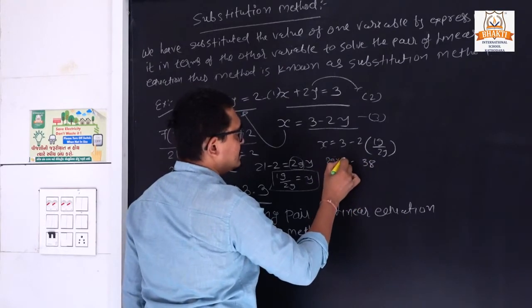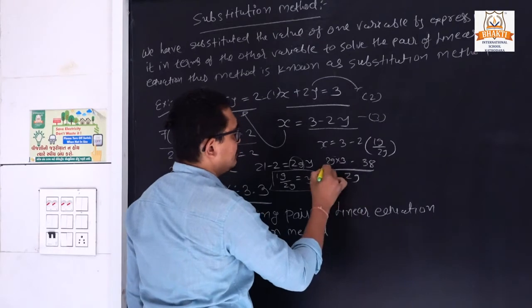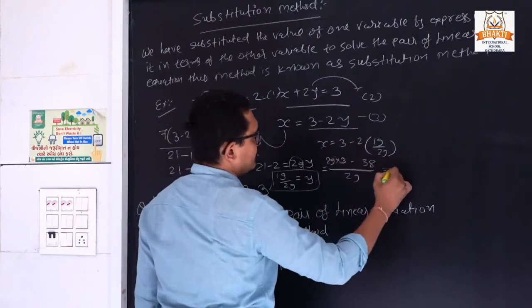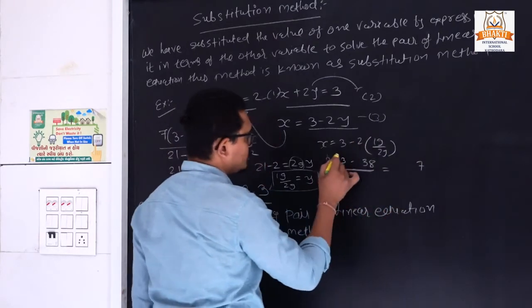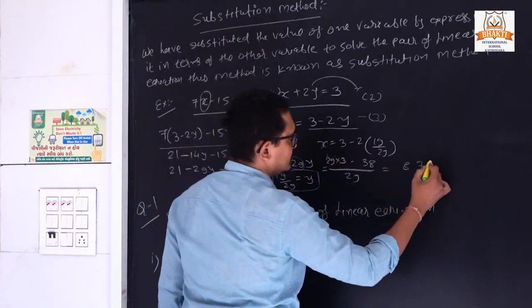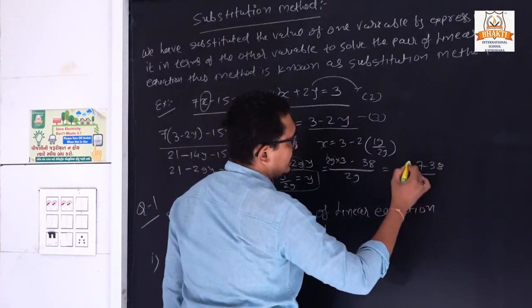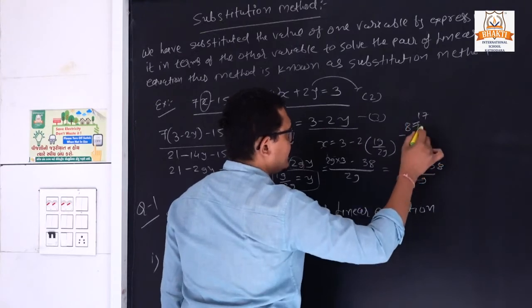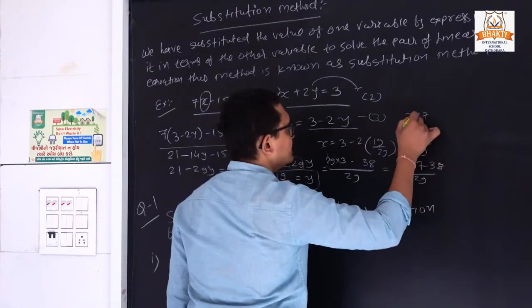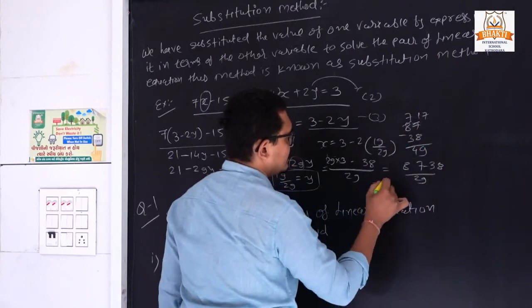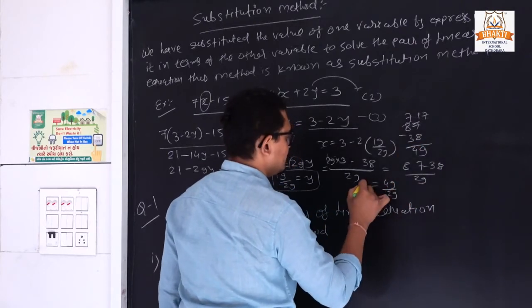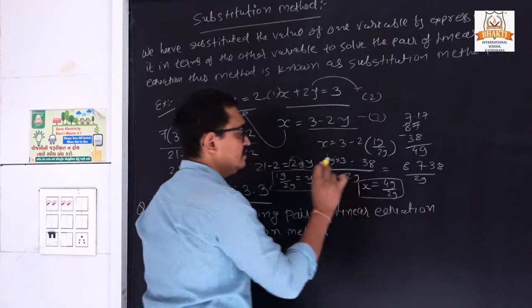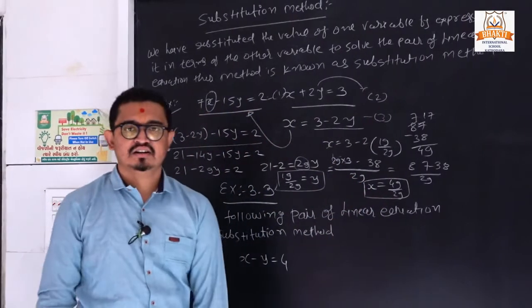So 29 3s are 87, minus 38 upon 29. So 87 minus 38 is 49. So what is its solution? The value of x is 49 upon 29.